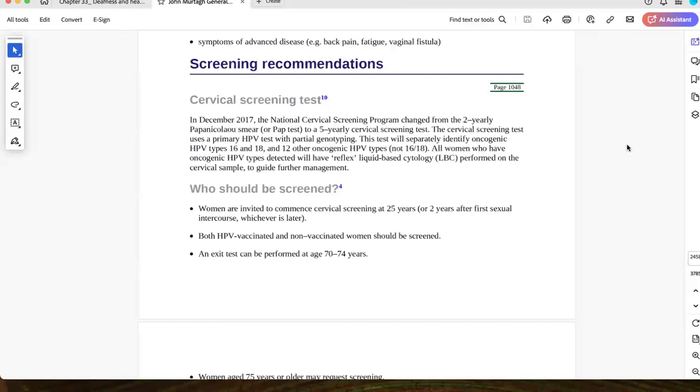If it was whichever is earlier, then everyone at 25 should have done it, but they're saying whichever is later. It means that if she had sexual intercourse at 25, then normally at 27 we would do it, which is unusual for Australia, as most patients will have sexual intercourse before 25.